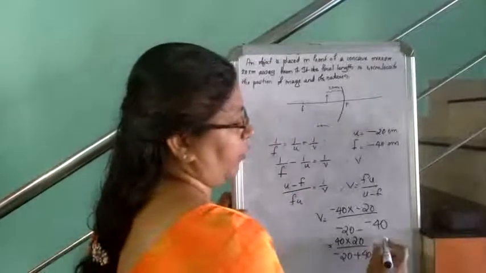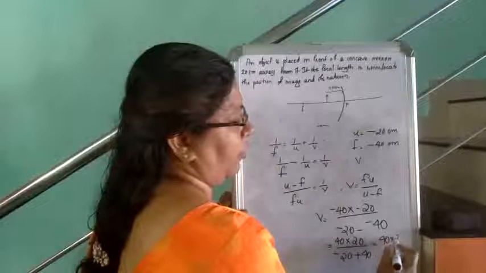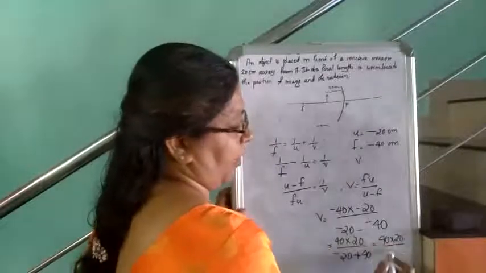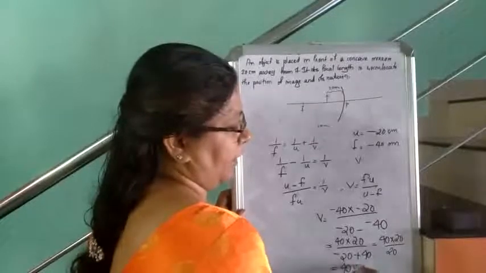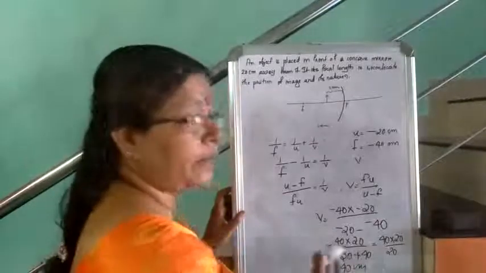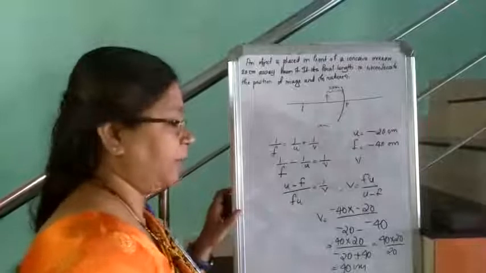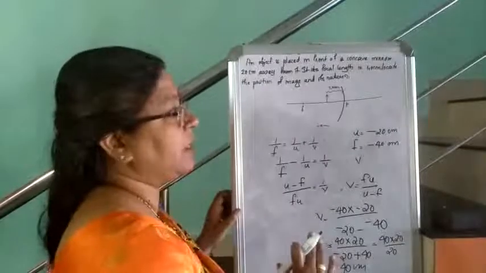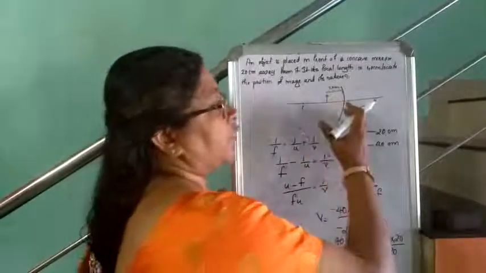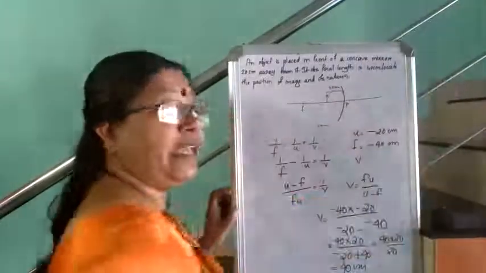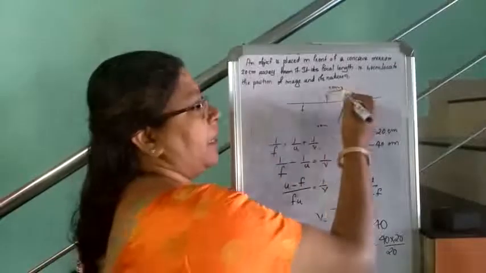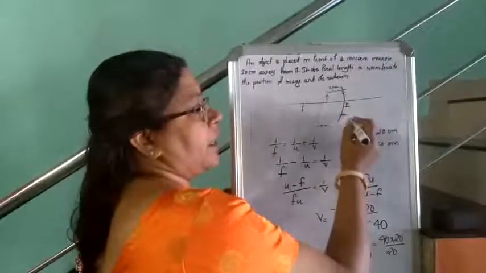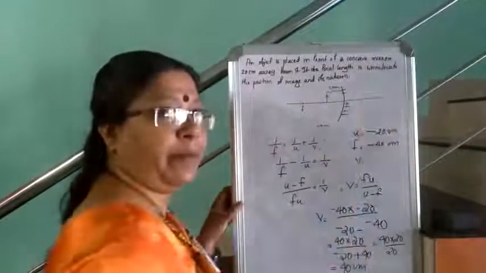That will give you 40 into 20 by 20. So the answer is 40 centimeter. Here there is no negative. Answer is plus 40 centimeter. So the image is formed at a distance of 40 centimeter inside the mirror. It is not outside the mirror. It is inside the mirror.